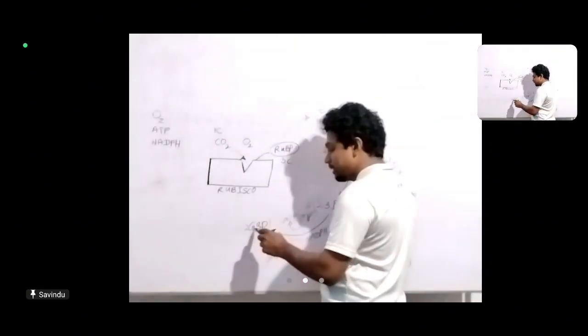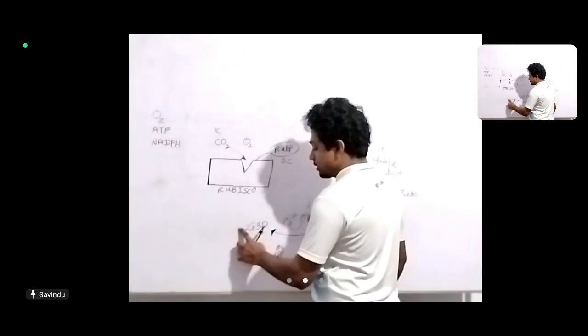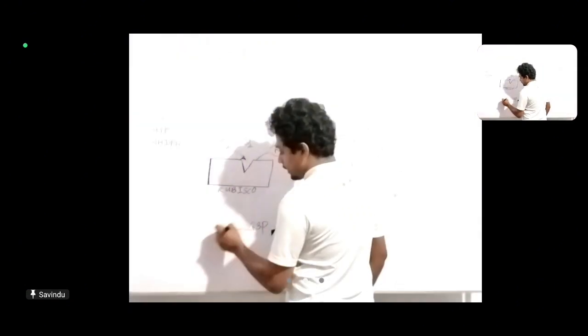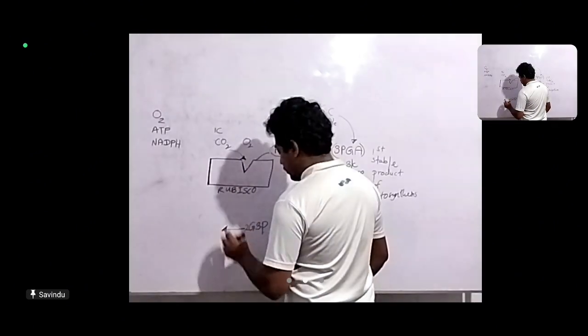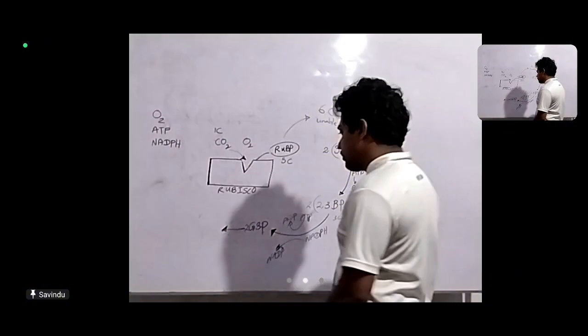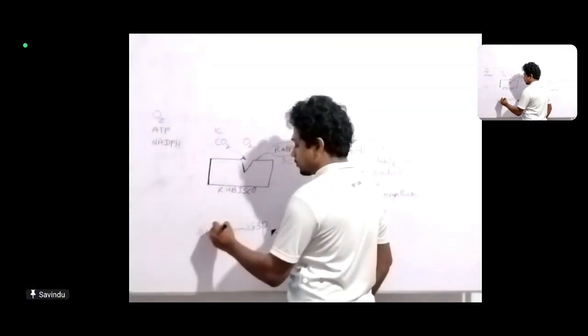What happens to this G3P? They polymerize and form a chain of reactions, and after that they finally produce glucose.